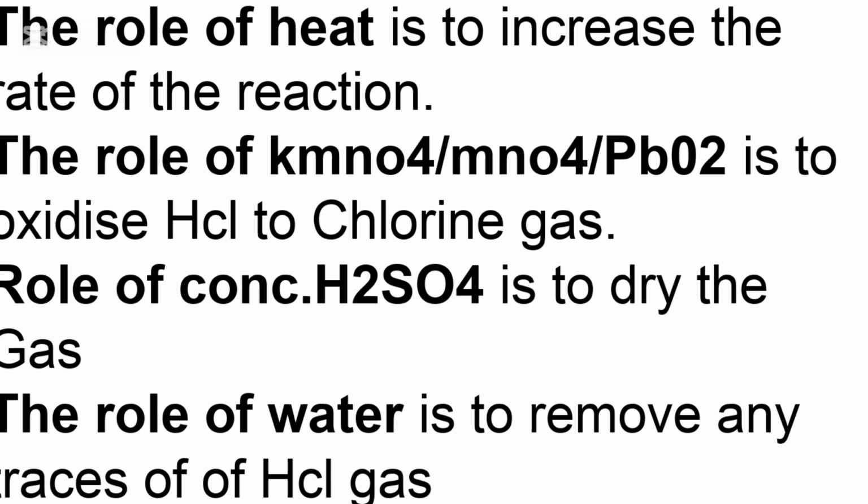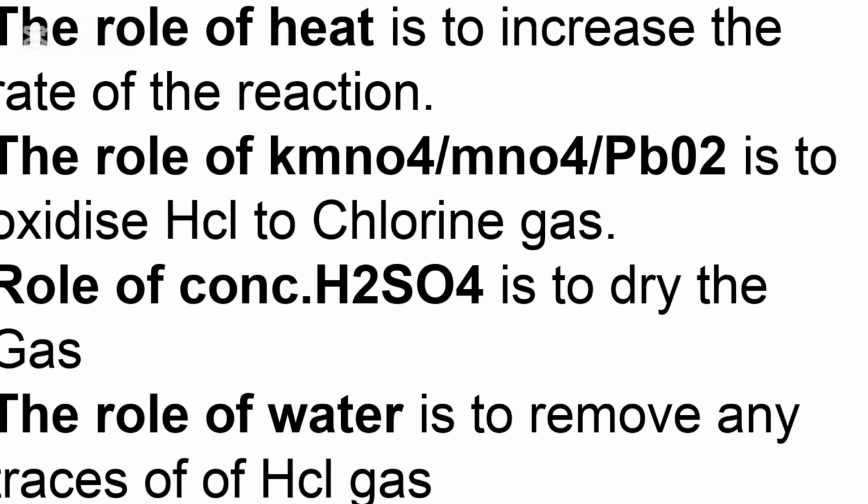Then from there, it is passed through concentrated sulfuric(VI) acid. The role of the concentrated sulfuric acid is to dry the gas. Finally, it is collected by downward delivery because it is denser than air.